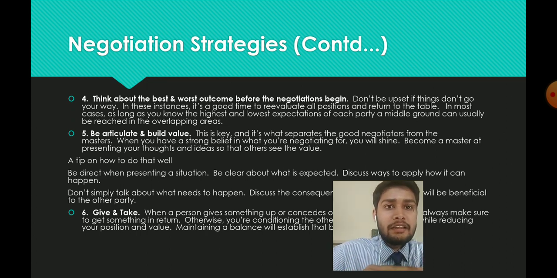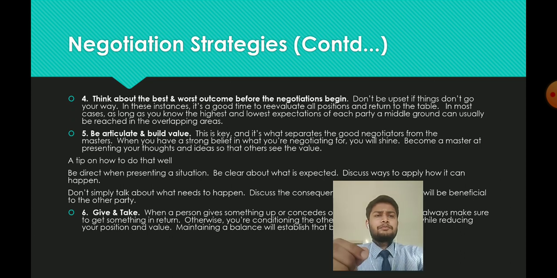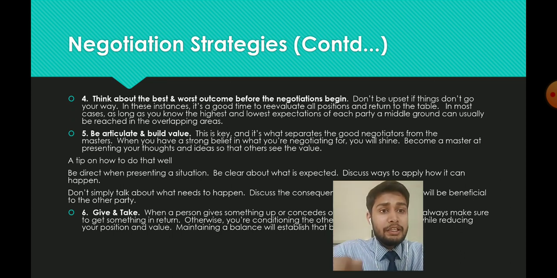Now the other point is be articulate and build value. This is the key, and it's what separates the good negotiators from the masters. In sales language, people say that you have to believe in what you are selling.